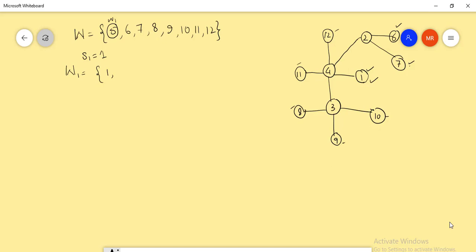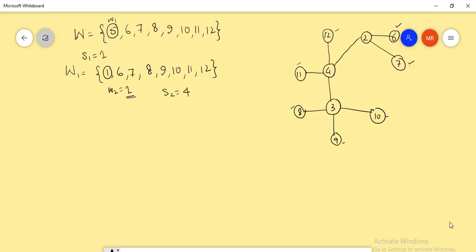So here I have 1, 6, 7, 8, 9, 10, 11, and 12. And here I have W2 equal to 1, and I find the label of the unique vertex adjacent to 1. The label of the unique vertex adjacent to this vertex 1 is 4. Hence, my S2 is equal to 4. In the next stage, I delete this vertex 1 from the tree.